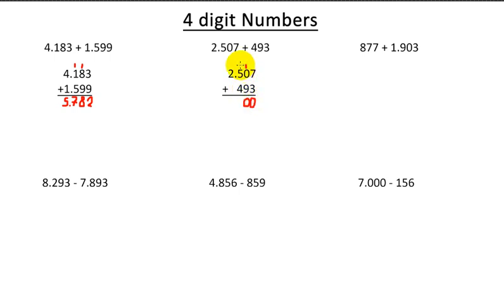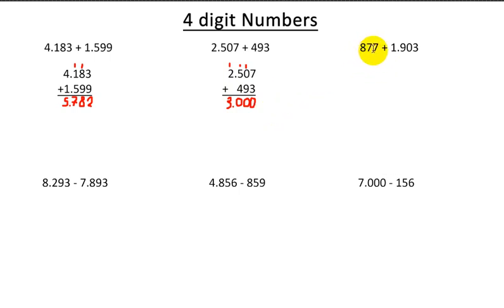Carry 1. 5 and 4 makes 9, and 1 that I carried over makes 10 again. I write 0. Carry 1. 2 and nothing here makes 2, and 1 that I carried over makes 3. I put the comma in as well, and it's 3,000. So my result is 3,000. Let's move on to the next one.